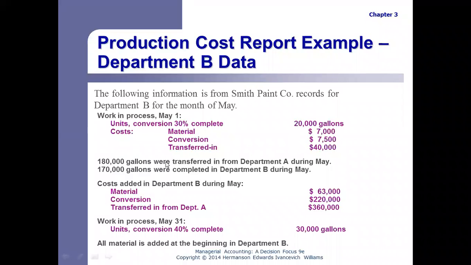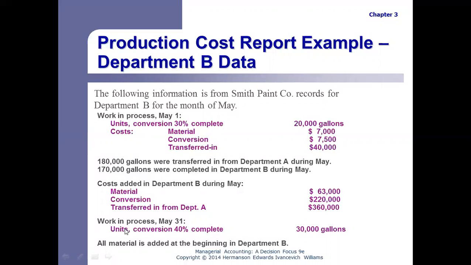So 180,000 gallons were transferred in from Department A in May. 170,000 were completed by Department B in May. In May, we added in Department B $63,000 worth of materials, $220,000 worth of conversion cost, and then we transferred in, so when Department A was done with the product, the cost of that was $360,000.